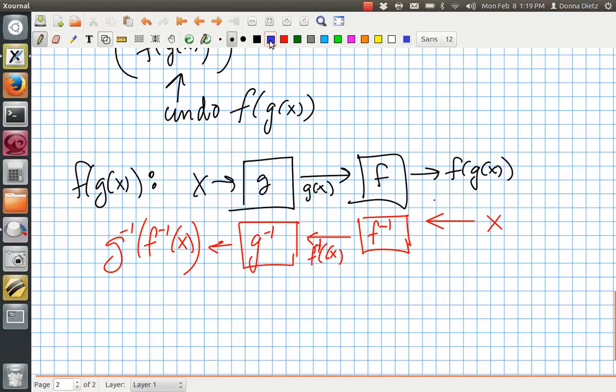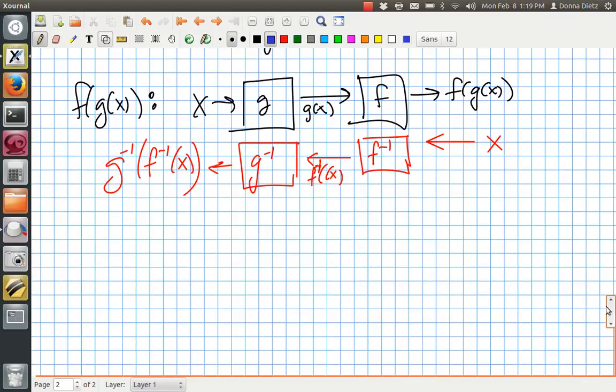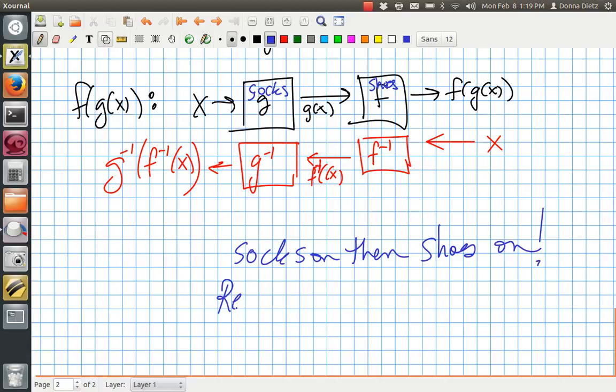Another way to think of it is putting on your socks and then your shoes. What happens is, first you take off your shoes, then you take off your socks. You have to undo everything in the reverse order. So socks on, then shoes on. And to reverse is going to be shoes off, then socks off.